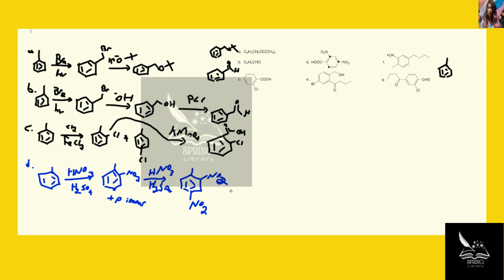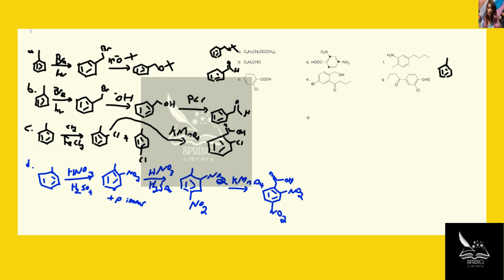Now that we add both the NO2s, the nitros, now we can oxidize this methyl to carboxylic acid using KMnO4. And this is D.